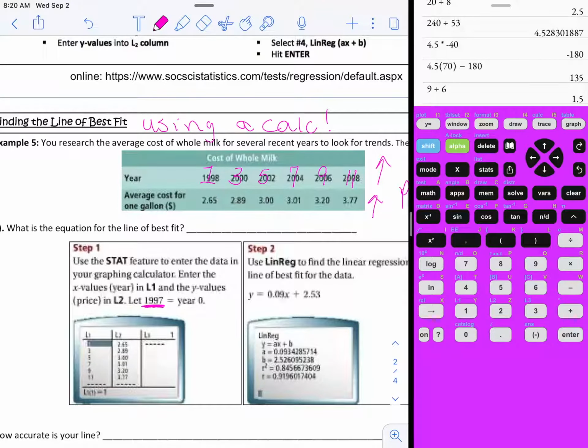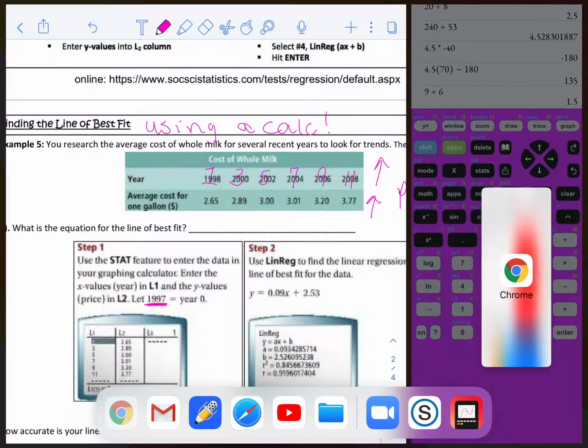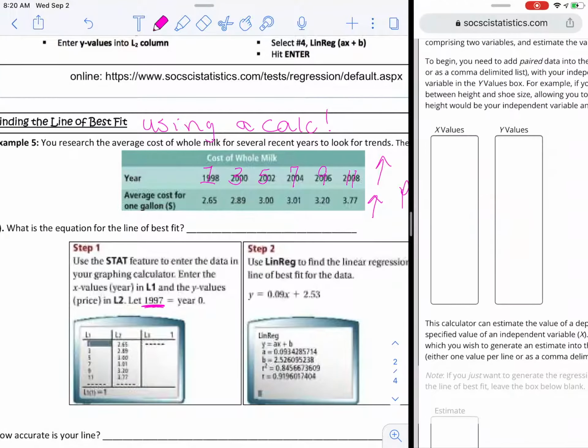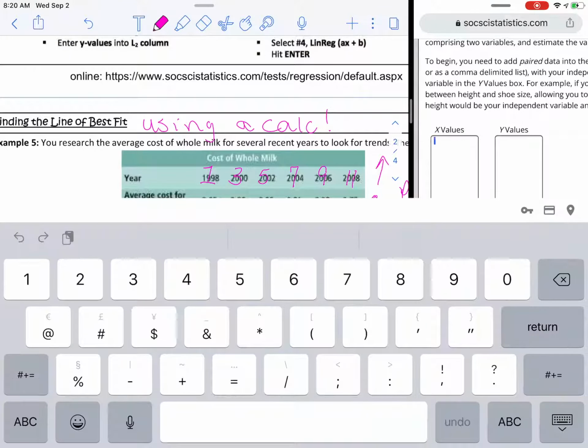Years since 1997. Now what we're going to do is I'm hoping that I can do dual screen here. Good, I can. I'm going to type my x values in right here. So let's see, 1, enter, 3, enter, 5, 7, 9, 11.